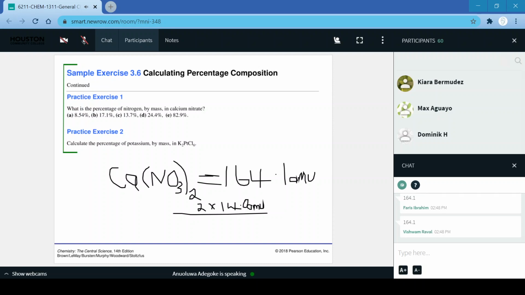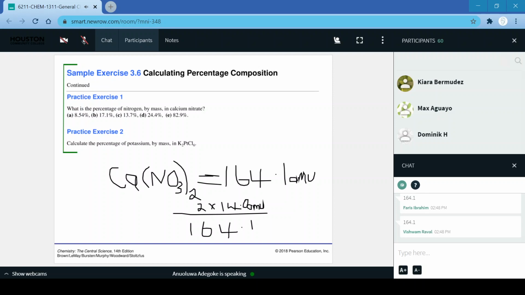Since we want to find the percentage of one element in the entire compound, we find the atoms of that element. We have 2. We multiply it by its atomic mass from our periodic table. Then we divide by the total mass of that compound, which is calcium nitrate here.